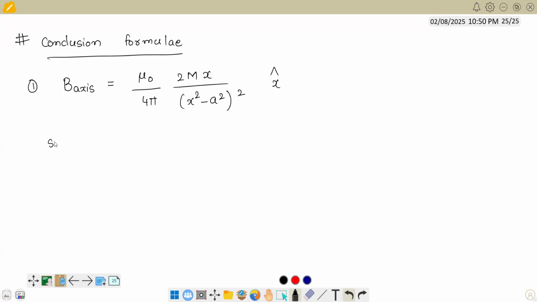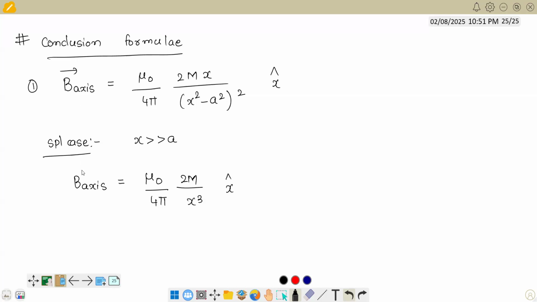In the special case where x is greater than a, the magnetic field on the axis would become mu naught by 4 pi, 2m by x cube into x cap.